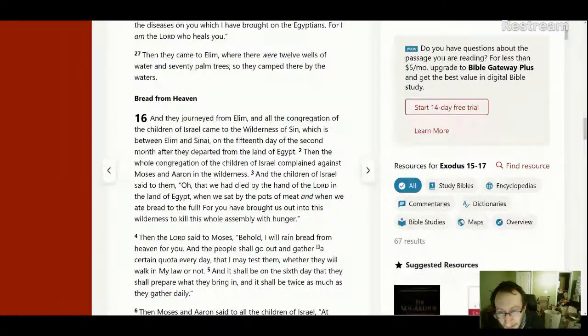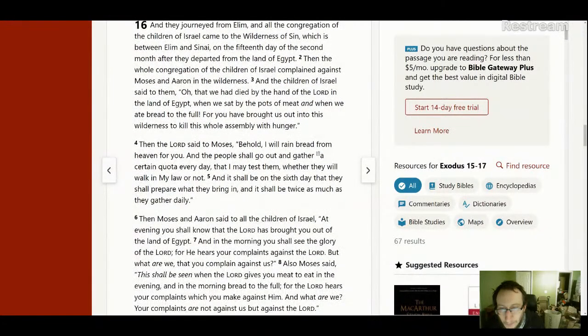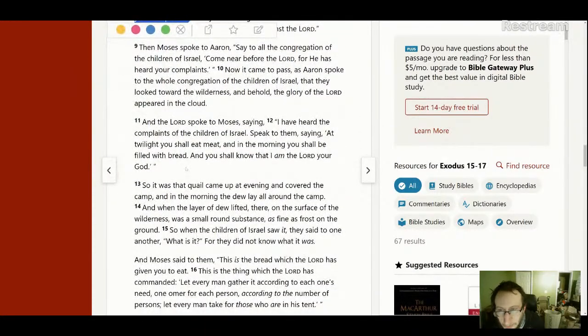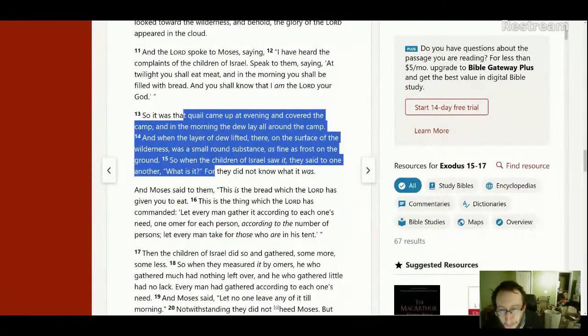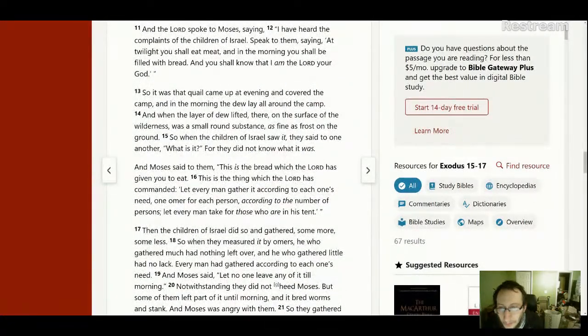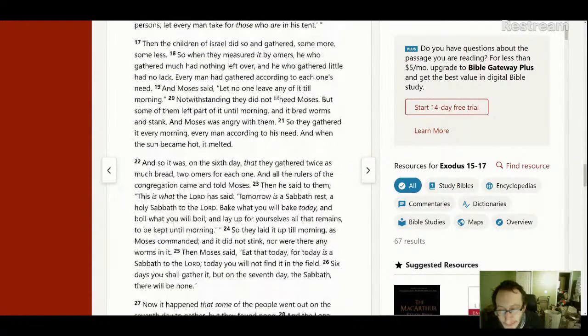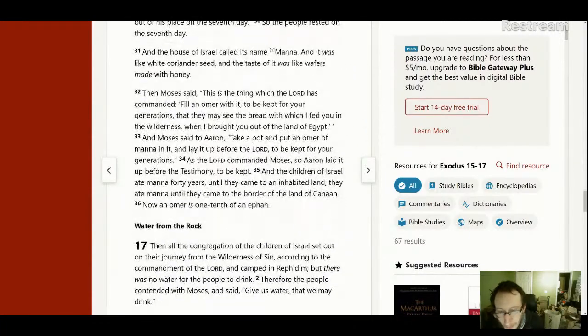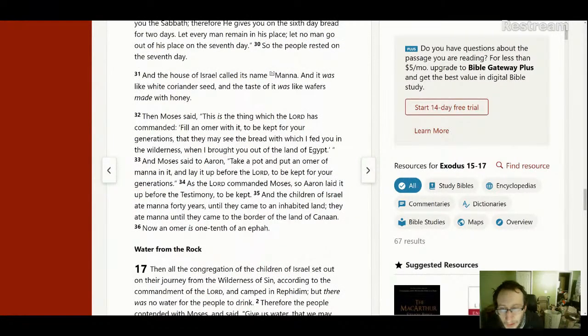Between Elim and Sinai. On the 15th day of the second month, after they departed from the land of Egypt, the Lord said to Moses, "I will rain bread from heaven for you," the manna. Now watch this. At the very end of the chapter, the quail was gathered. Then it says, after they gathered the manna, Moses said, "This is the thing which the Lord has commanded.